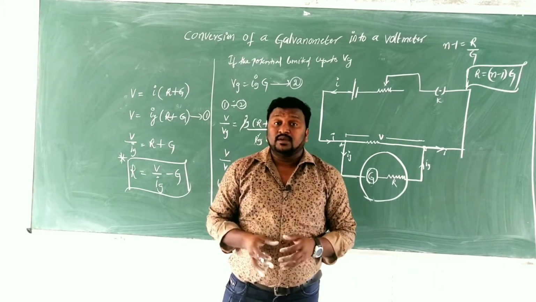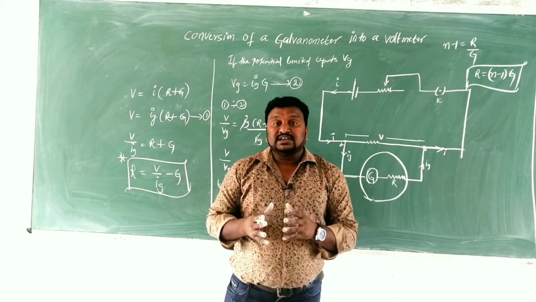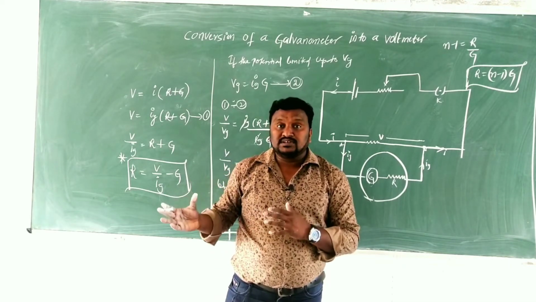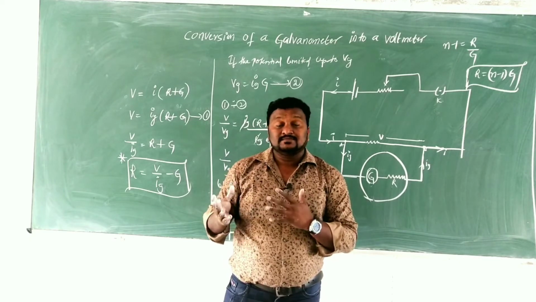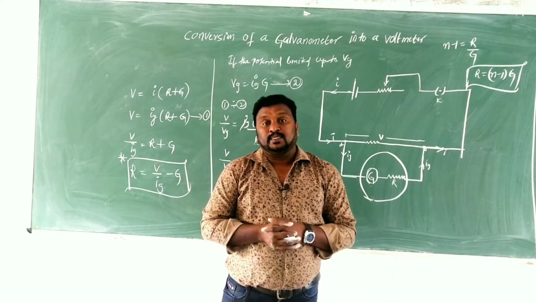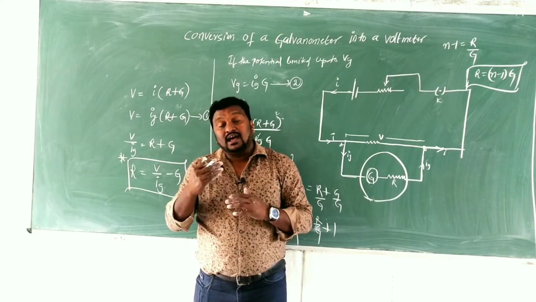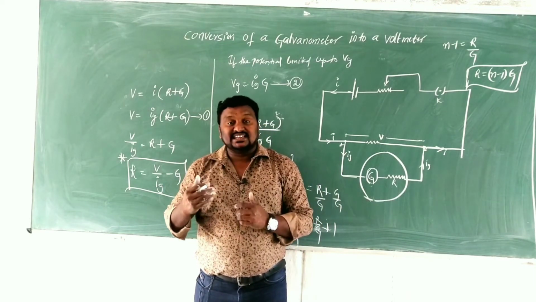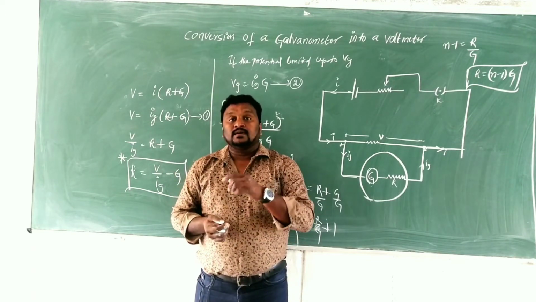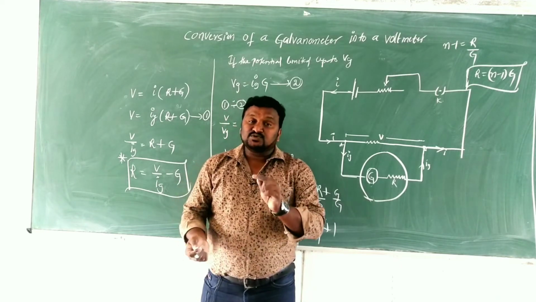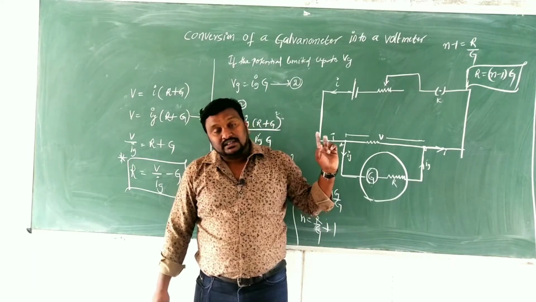For that, when a high value of resistance is connected in series with the galvanometer, we will get a voltmeter. Again, this voltmeter should be connected in parallel with the other components of the circuit.